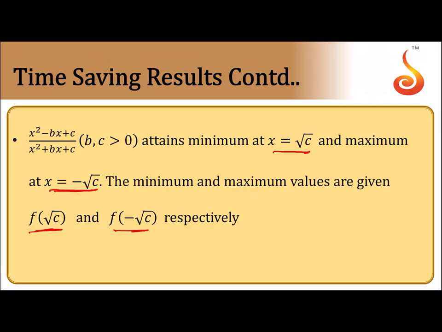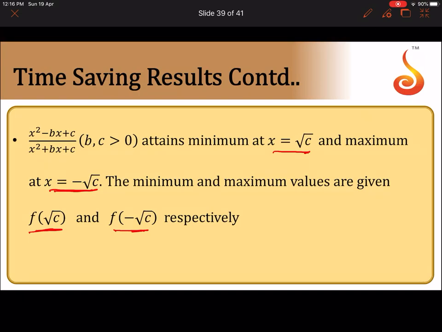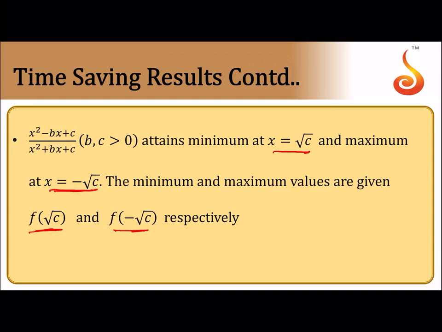So it is your wish. If you remember, x square minus bx plus c by x square plus bx plus c, with b and c positive, attains minimum at x equal to root c and maximum at x equal to minus root c. If you remember the result, well and good. The minimum and maximum values are f of root c and f of minus root c.